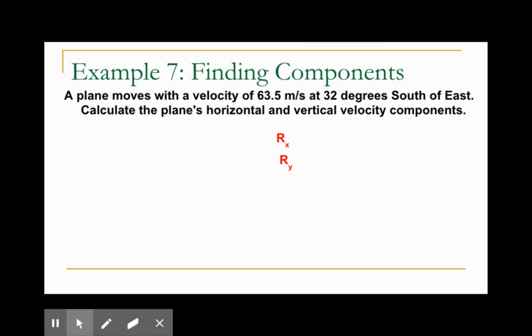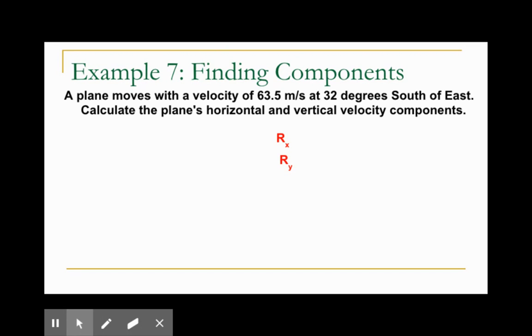Okay, so it seems like we're starting to get this pretty quickly. So let's give this a try by ourselves. So we have a plane with a velocity of 63.5 meters per second at an angle of 32 degrees south of east.